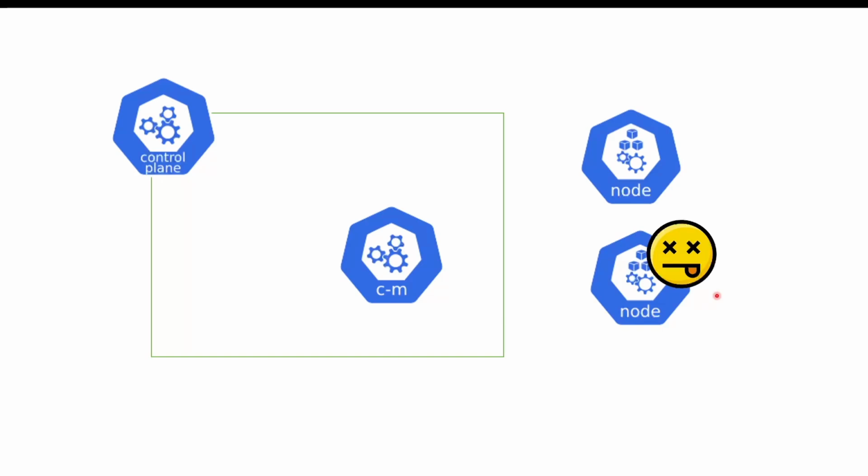For example, if one of the nodes dies due to some underlying issues, could be VM specific issues or anything, the node controller ensures that the faulty node is replaced by a fresh node. And meanwhile, the workloads can come back and run on this newly created node.